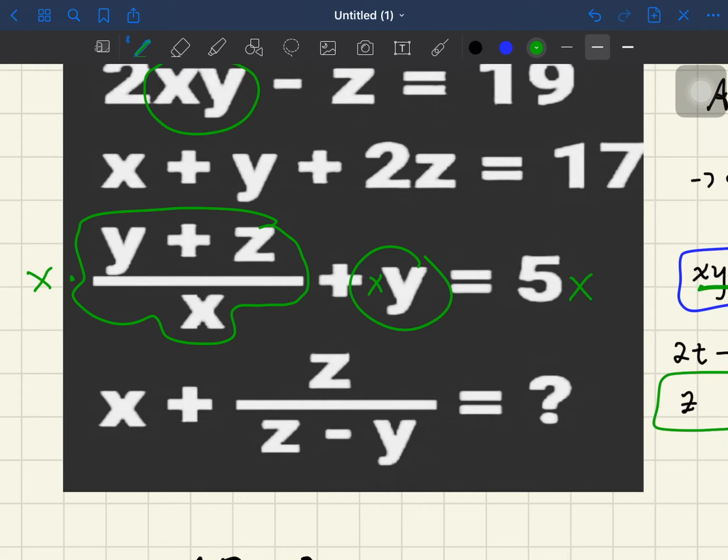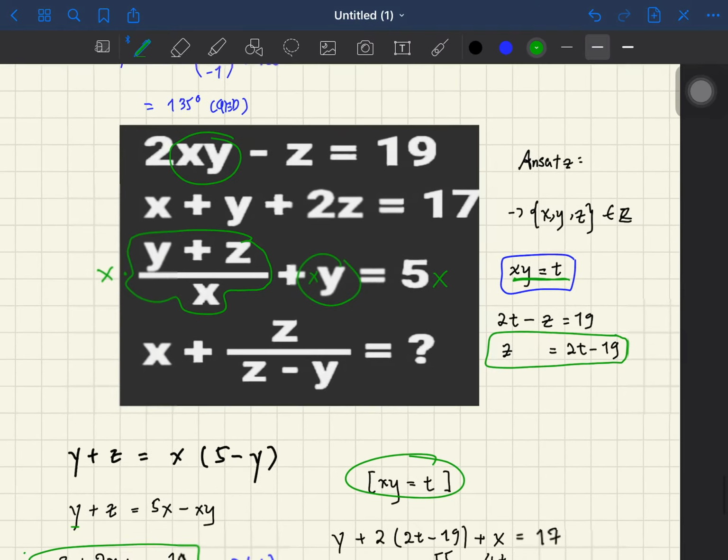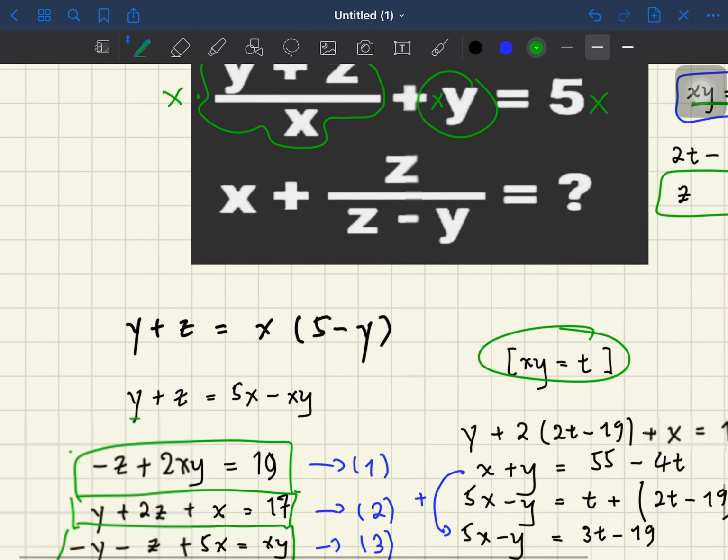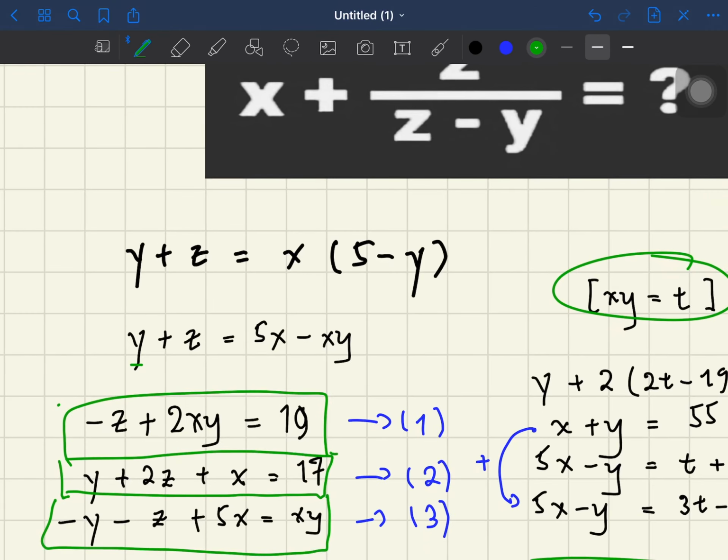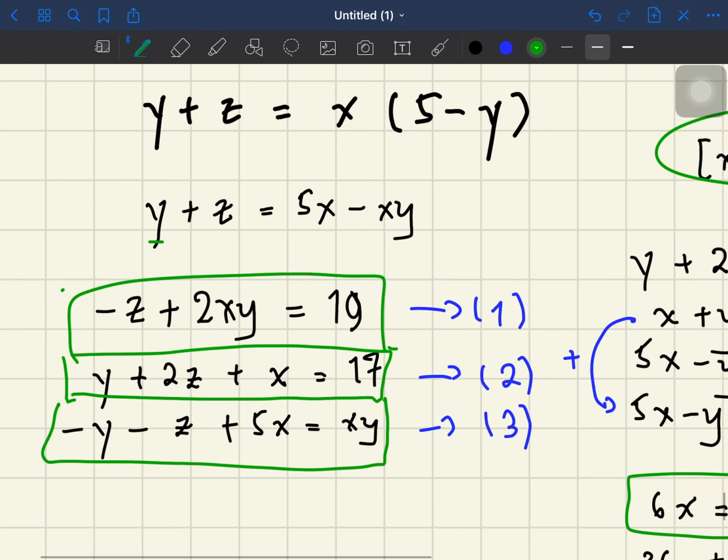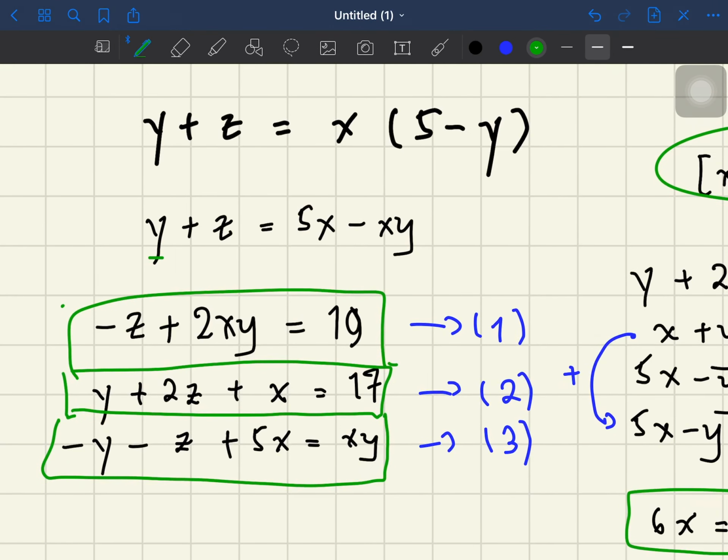Because of multiplying with x, your fraction will become y plus z. And hence, you will get an equation like this, which is y plus z equals 5x minus xy, which I moved around.